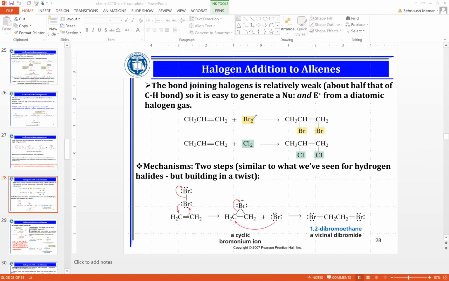So for addition of Br2, is this Markovnikov or anti-Markovnikov? What about addition of Cl2? Markovnikov, anti-Markovnikov, or neither?